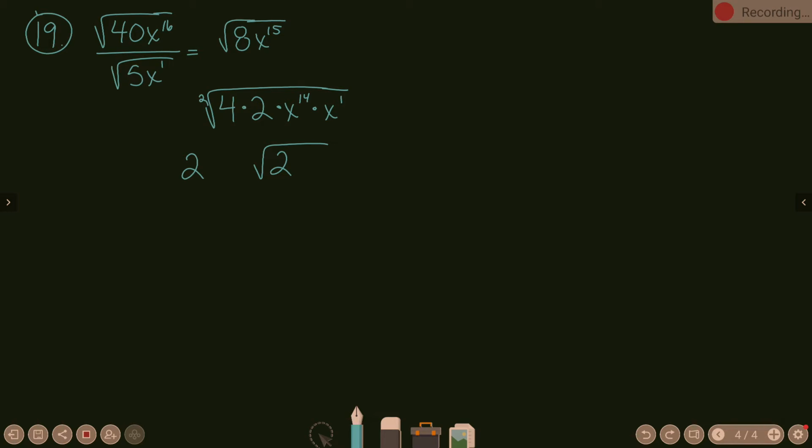It's just x, 14 divided by 2, since it's a square root, so x to the 7th, which puts it outside. And square root of x to the 1st? Can't do it, so that's just going to be x to the 1st. So we end up with 2x to the 7th outside, square root of 2x underneath the radical.